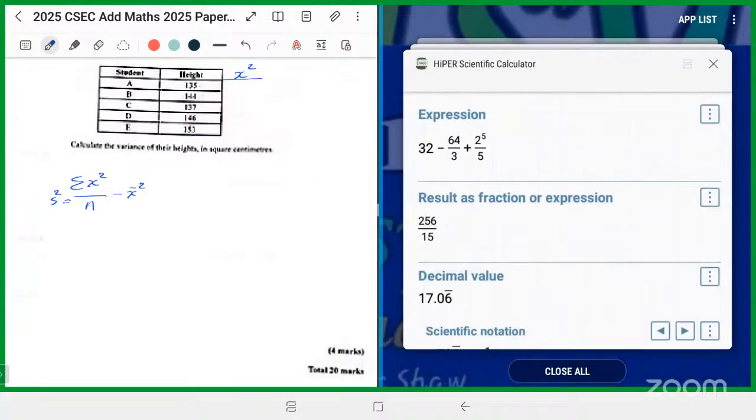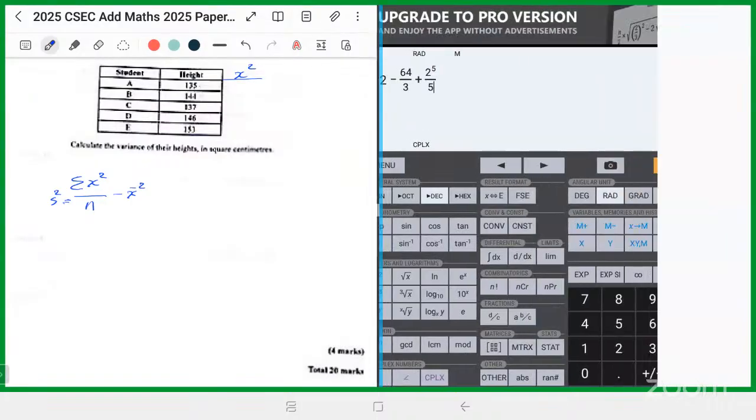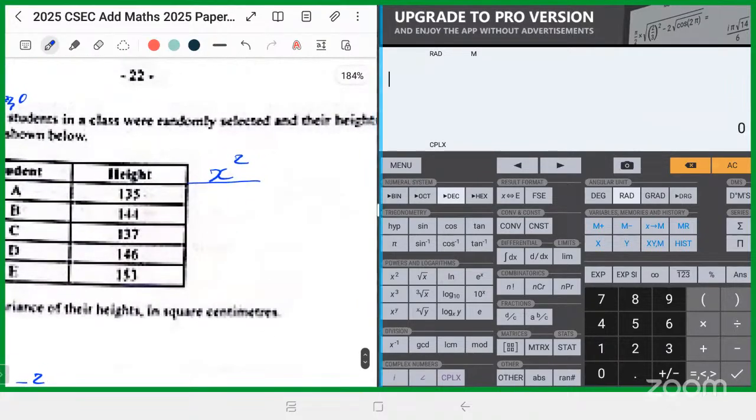There's another formula. We calculate the mean and then take the difference and square it. It's another formula, but I'm going to just use this one. Anyway, you're going to do some calculations, right? So 135 squared.